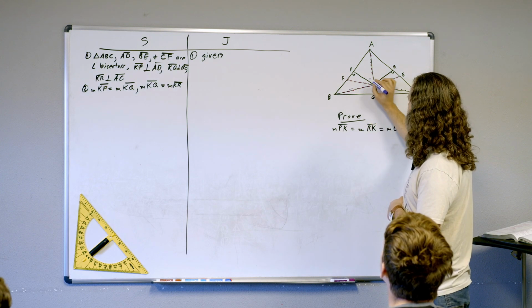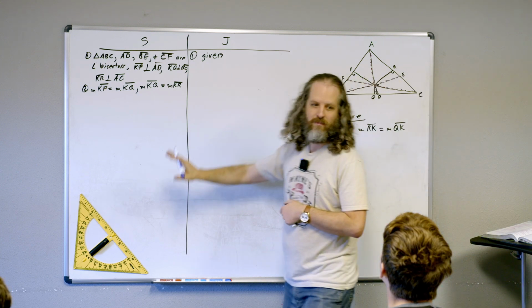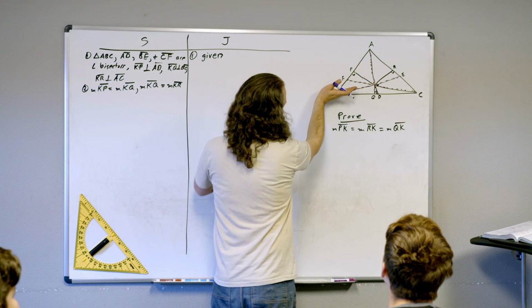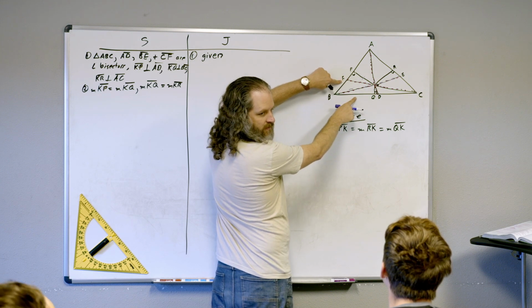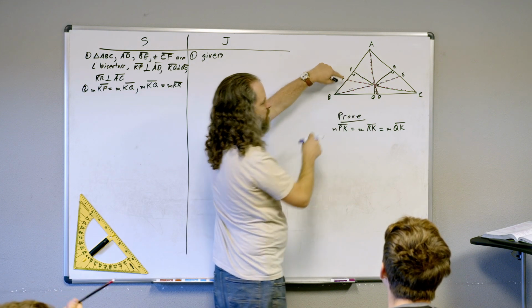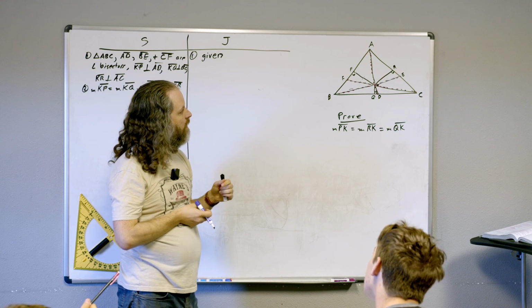It says that this equals that. That's this first one, because this bisector, if it was drawn correctly, would be equidistant from its sides.